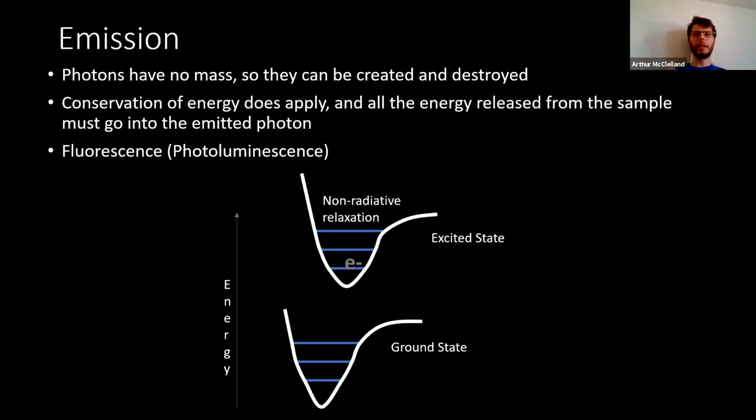If it's non-radiative, it's dumping energy, usually into vibrational motion. You can think of it as heat of the sample. We think of vibrational motion of a sample also as heat sometimes. That's coupling into phonons, and you can see it translates along the x-axis in this diagram as we couple into phonons. And then it will eventually drop back down.